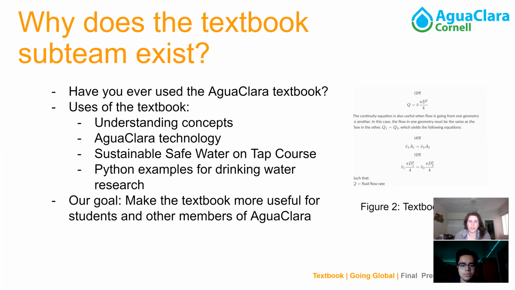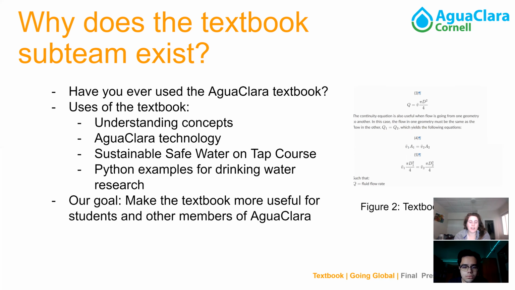So you can use it to understand the concepts behind Aguacara treatment processes, including the equations and the processes and the laws that govern filtration, sedimentation, and the other processes of water treatment. You can use it to have a better understanding of Aguacara filtration and water treatment technology.